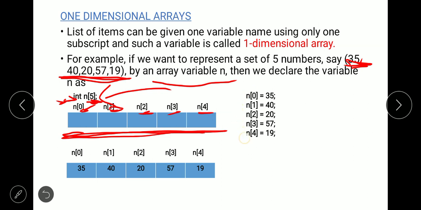So initialization can be done like this. n of 0 is equal to 35. So we have to individually initialize each element by assigning the particular values. We are going to assign 35 to n of 0, so the first element will be initialized to 35. n of 1 is initialized with 40, n of 2 with 20, n of 3 with 57, n of 4 with 19.